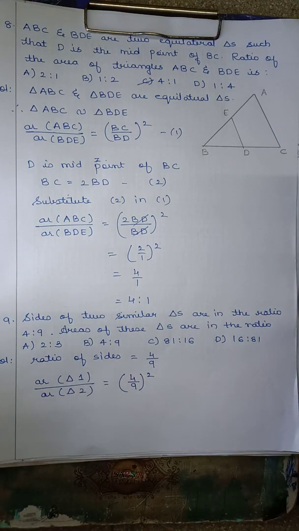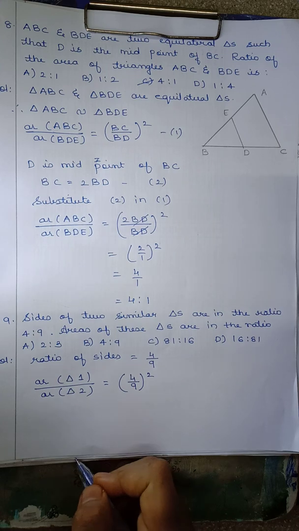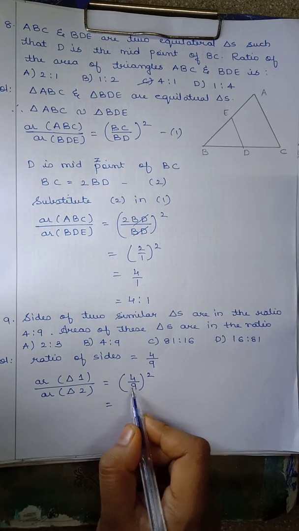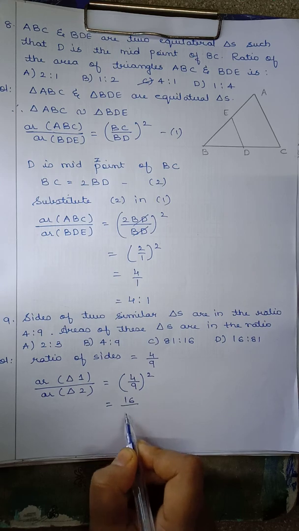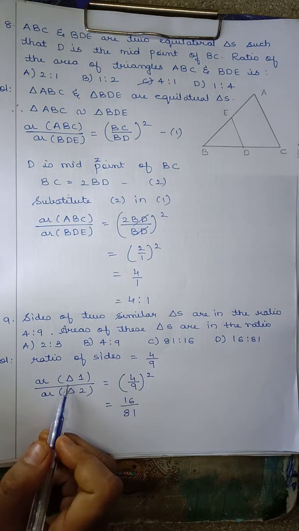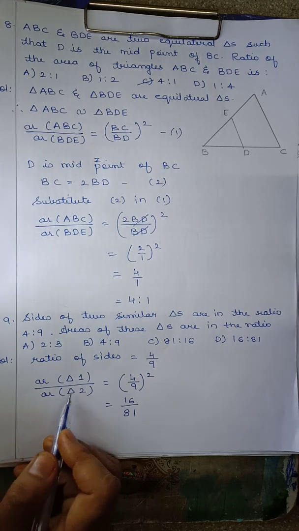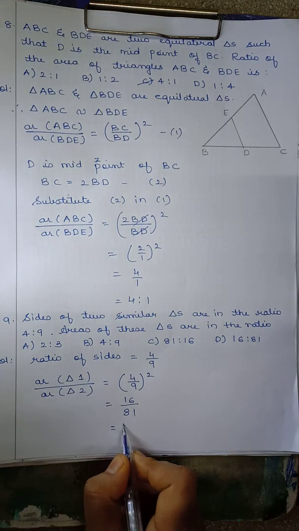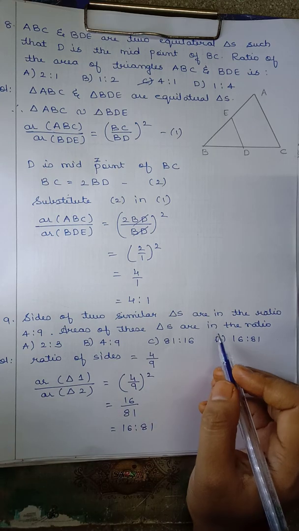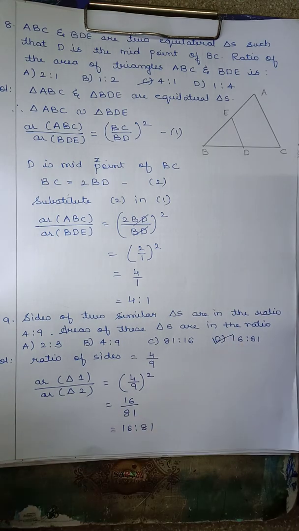Substitute 4 by 9 here, children. 4 by 9 whole raised to square is nothing but 4 4s are 16, 9 9s are 81. So the ratio of the areas of the two similar triangles is 16:81. That is, the correct option is option D, children.